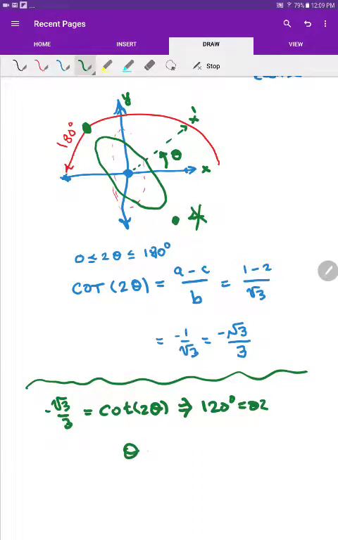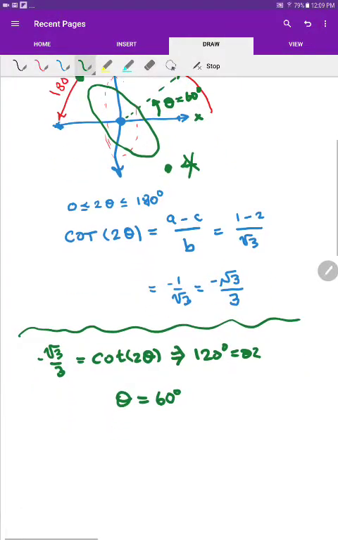That then means that theta for our purposes equals 60 degrees. So as you can see, the x-axis here in our problem is going to actually be equal to 60 degrees. So our new axis is going to be 60 degrees offset from that axis.